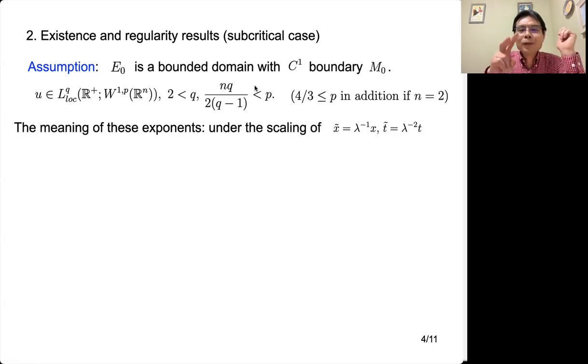For example, if the dimension is n equal to 2, then this 2 cancels and q is equal to 2. Then p equal to 2 is also not included, right? With this exponent, p equal to 2, q equal to 2 is not included.